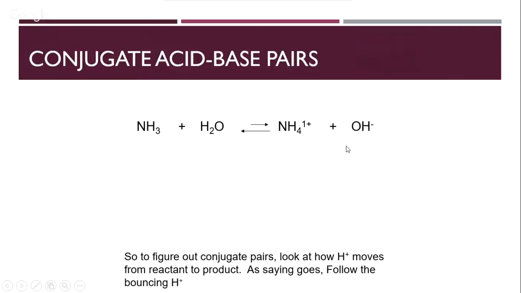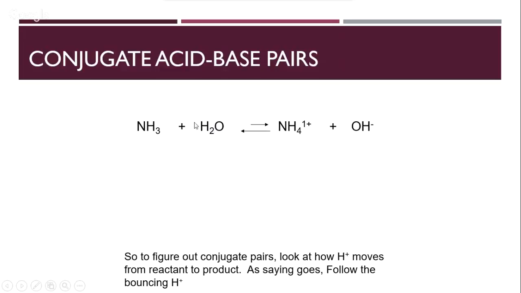So to figure out conjugate acid-base pairs, always look at how H plus is moving from reactant to product. In this scenario, the H plus from H2O has moved to NH3. So it has jumped from H2O to NH3, and sometimes it's also called the bouncing proton or bouncing H plus.